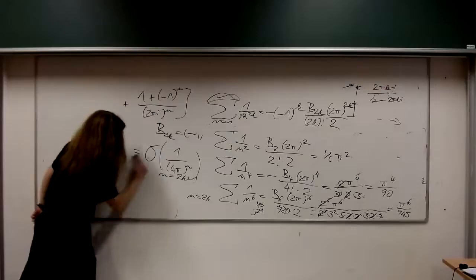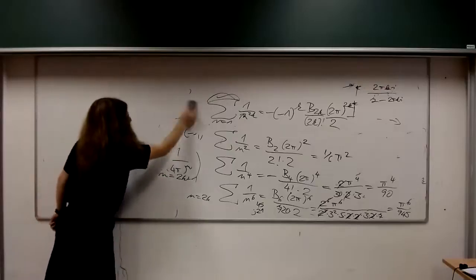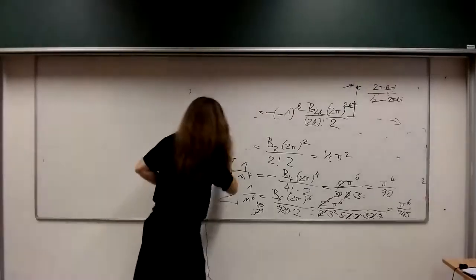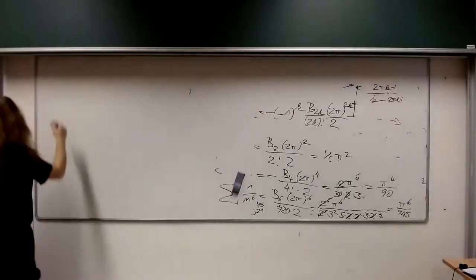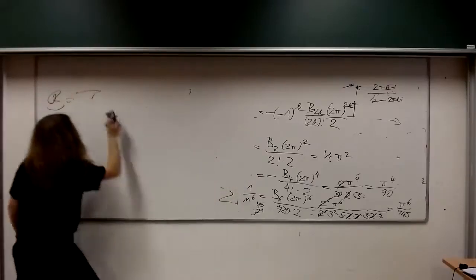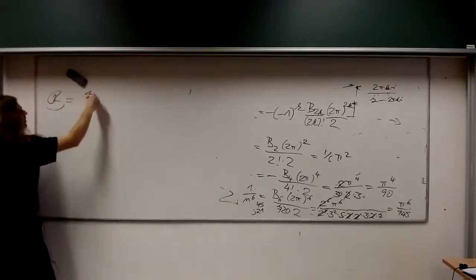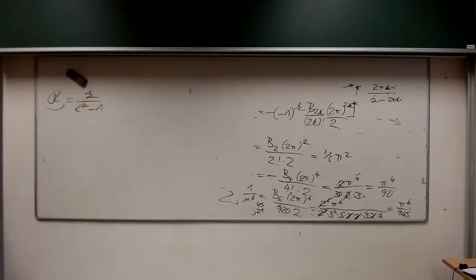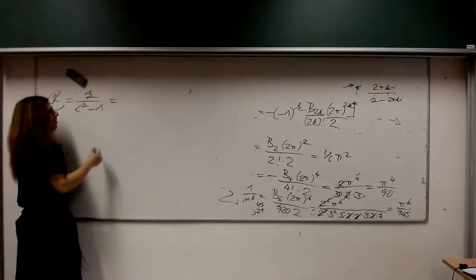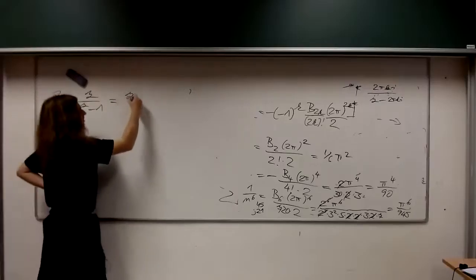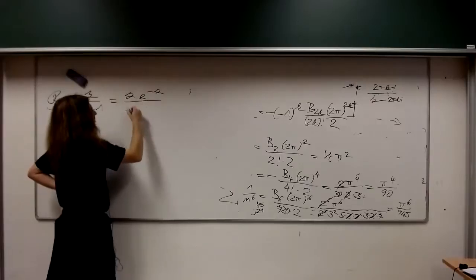We remember the generating function of the Bernoulli numbers, which was just z over e to the z minus 1. Now, if I just multiply by e to the minus z, we get this.